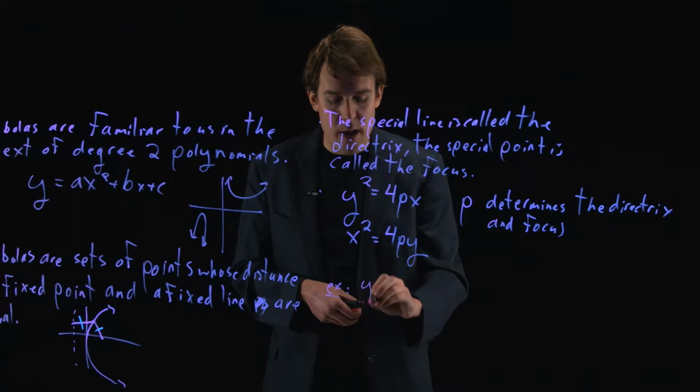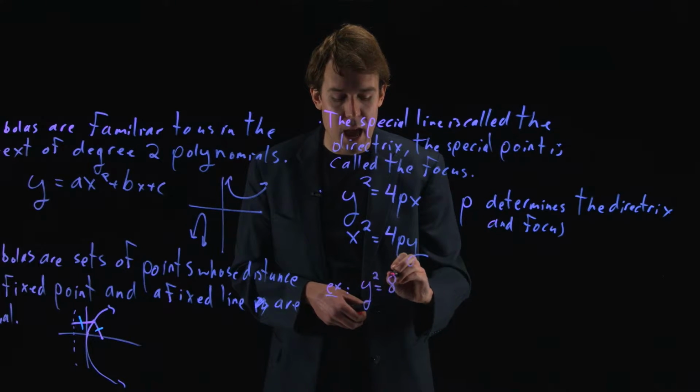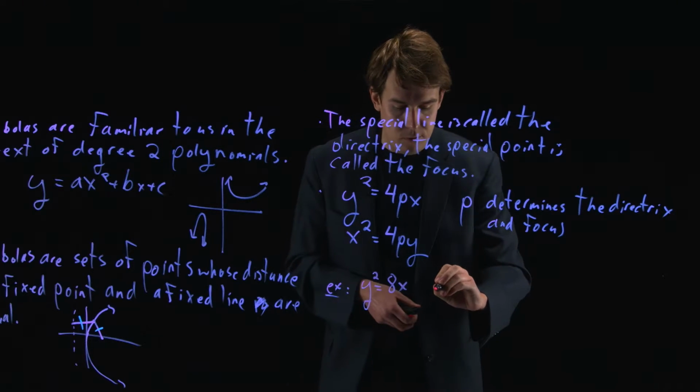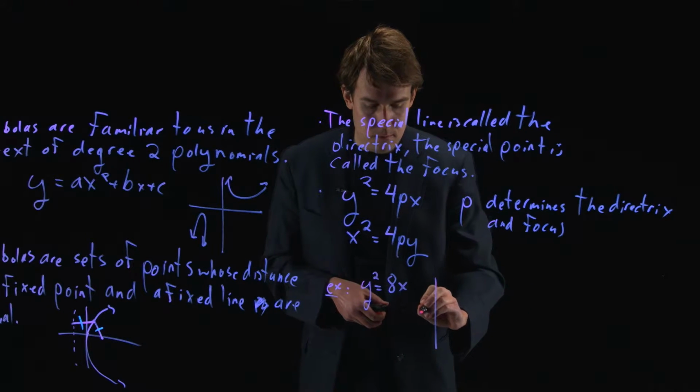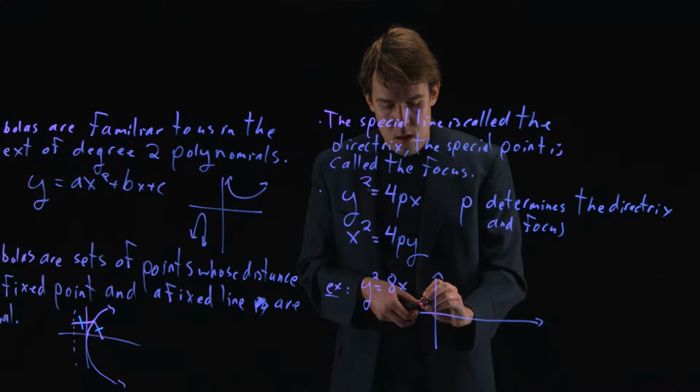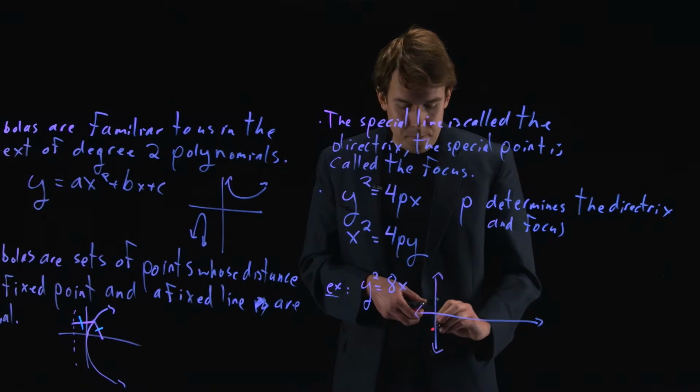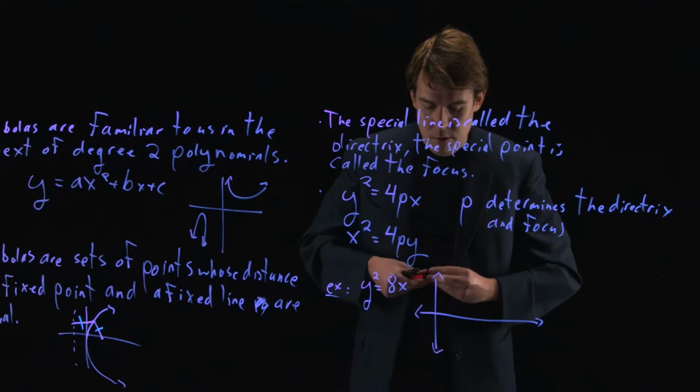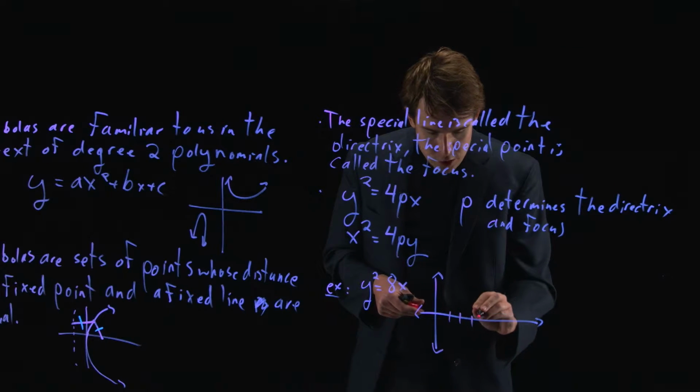If we have y squared equals 8x, we'll try to plot this. So 0, 0 is going to be on this plot for sure.